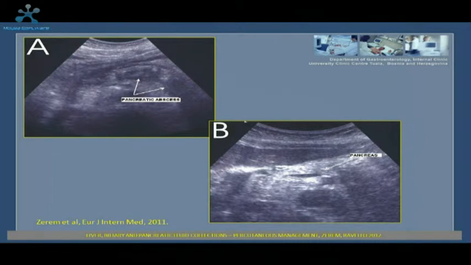Pancreatic necrosis is a very disputable topic for the treatment. Surgical treatment is generally accepted, with all complications and risks which are associated with this method.